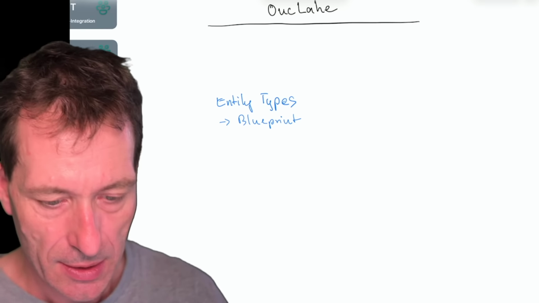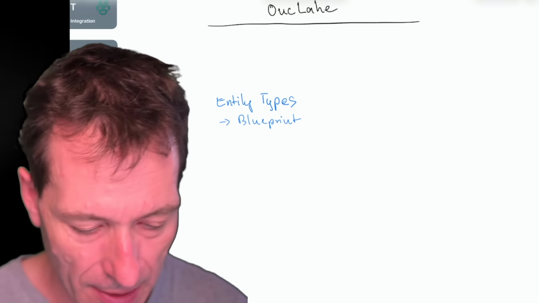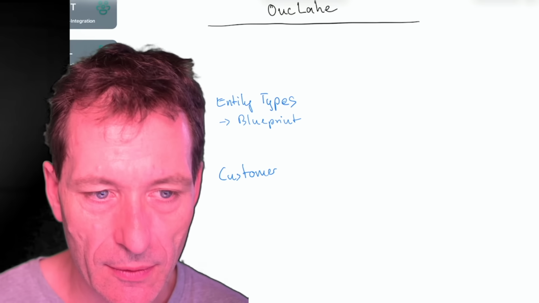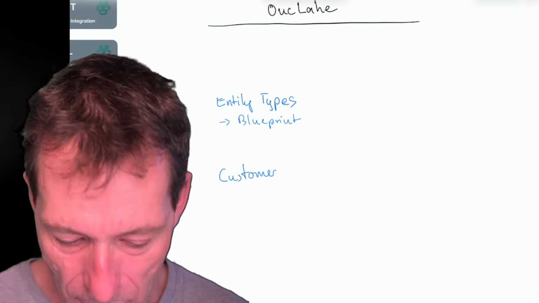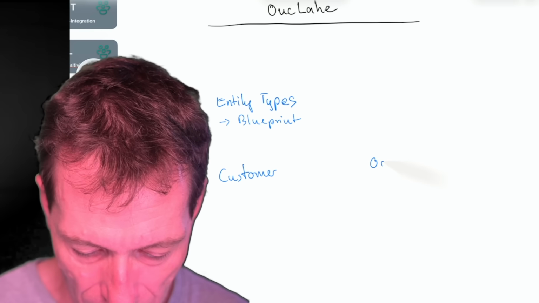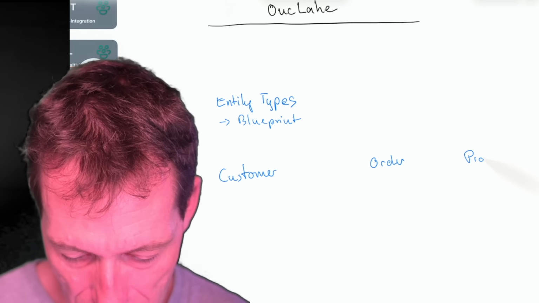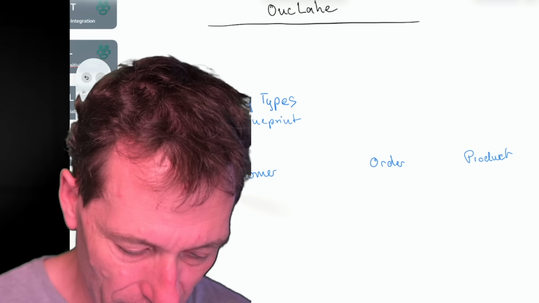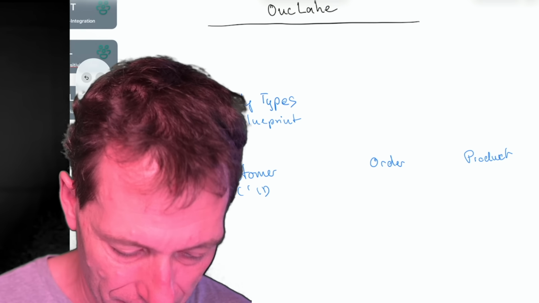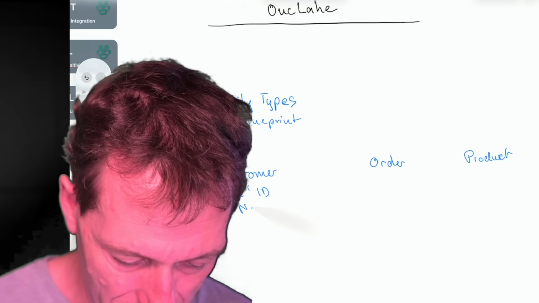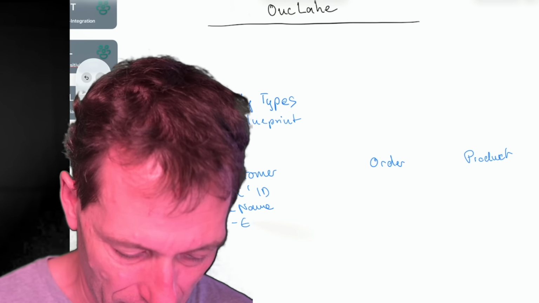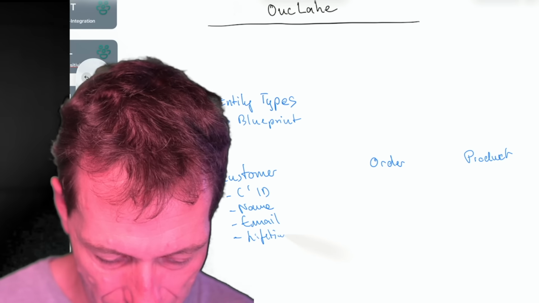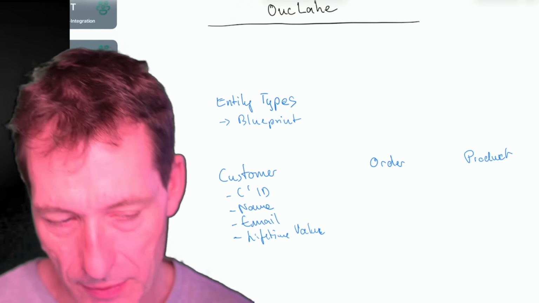Just take an example. You can start off with something like, let's say, a customer. The second one could be an order, and the third one a product. Let's take it simple. For each of these entities, you would define different metadata, like the customer ID, the customer name, the customer email, and some lifetime value about that record.